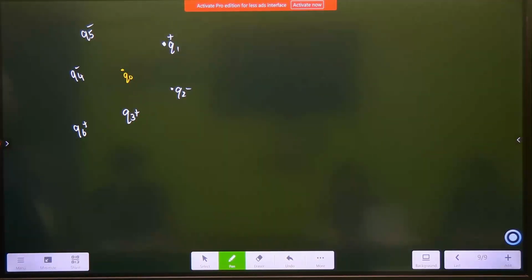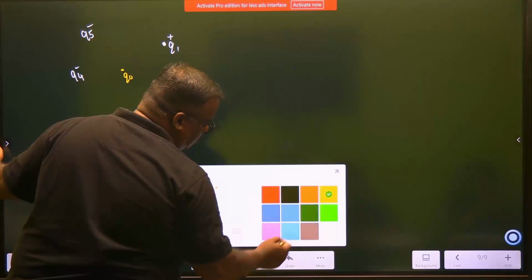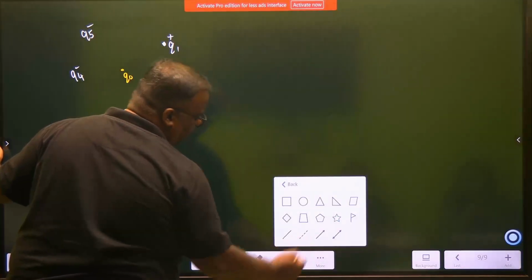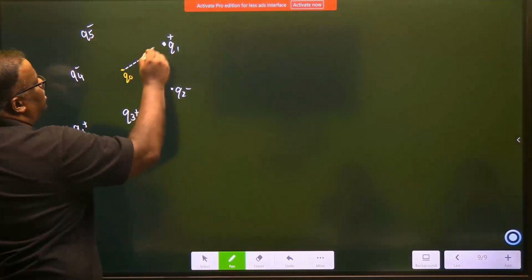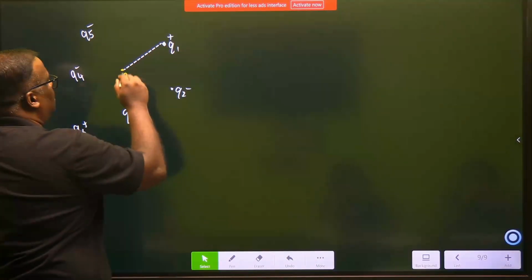I want to find out the net force on Q0. Very simple thing. I have some brothers who take away money from me, and some grannies and grandmas who give money to me. At the end of the day, I am interested in finding my net balance sheet. One thing we studied was that whether it is my brothers or my grandma, I always have a direct relationship with each of them, which is the line joining the two charges.